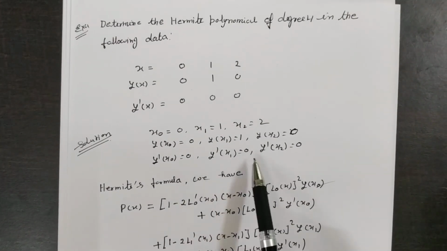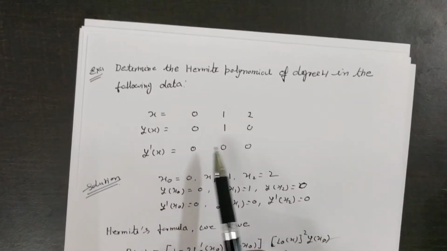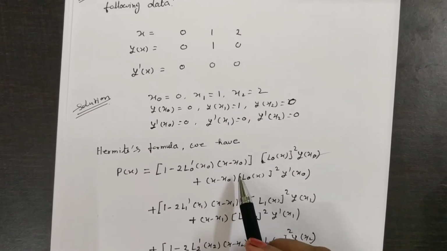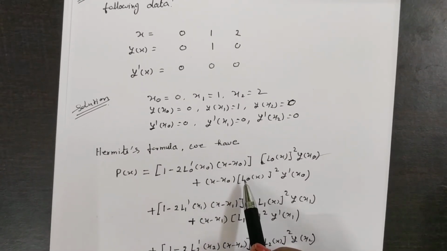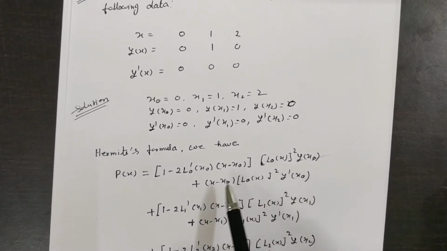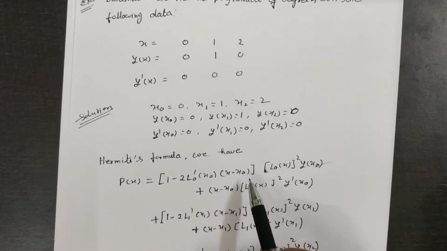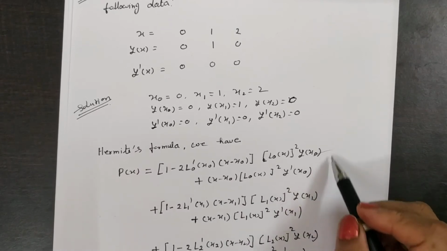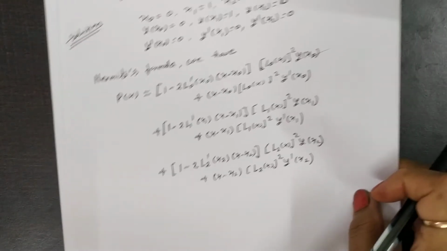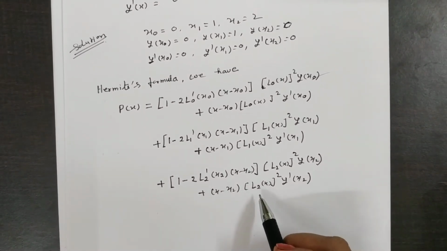For the data 0, 1, 2 the sigma runs from 0 to n, so here there are only three terms: the first, the next, and the next.